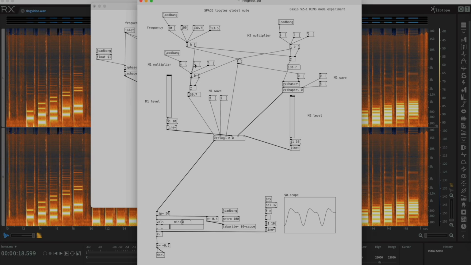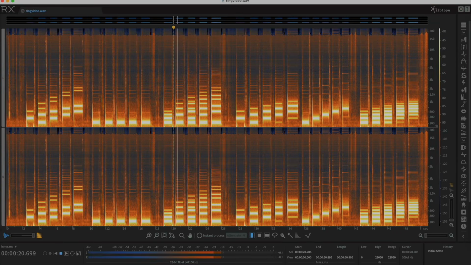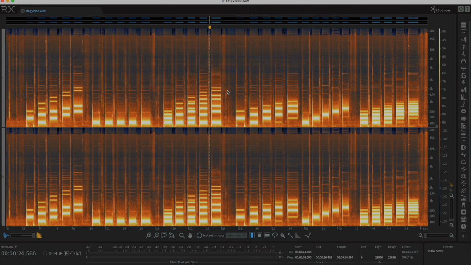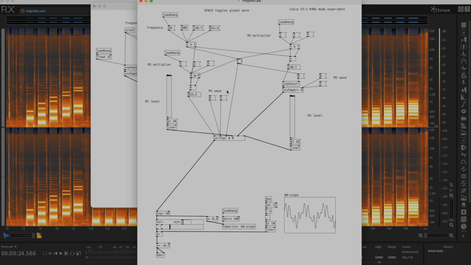And then we go to the second harmonic on the first oscillator. And then we can go to the fifth harmonic on the first oscillator. So I hope you'll agree that this is, while it's not perfect, pretty close.